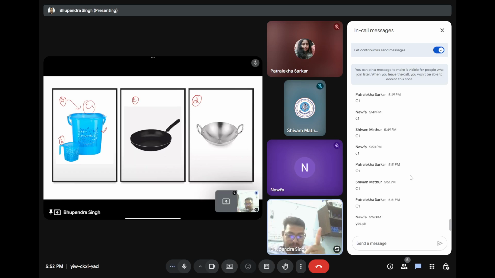Now tell me, if this handle of the bucket is in this position, tell me the point group of the bucket now. Look closely.